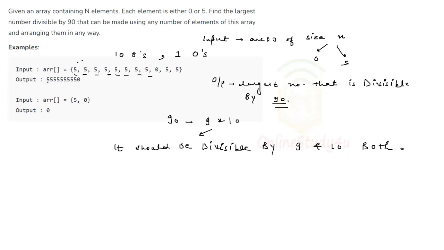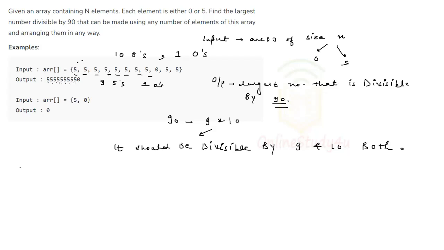In the output, you have 1, 2, 3, 4, 5, 6, 7, 8, 9 fives and 1 zero. Why have you taken only 9 fives? Because the number should be divisible by 90 as mentioned in the problem. So, as I told you, it should be divisible by both numbers, 9 also and 10 also.